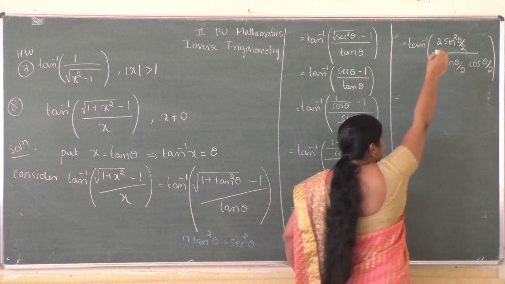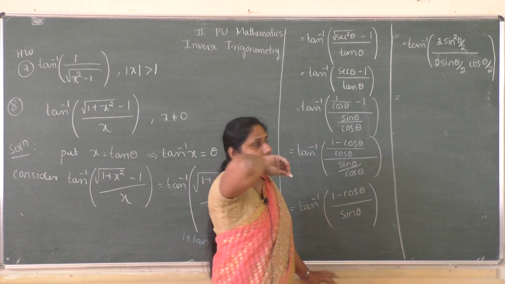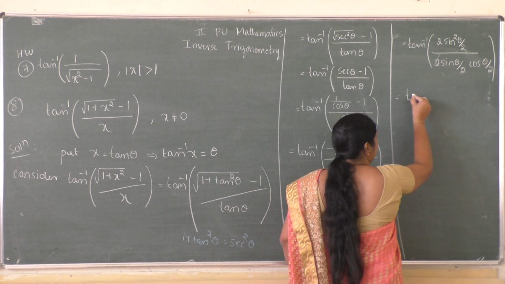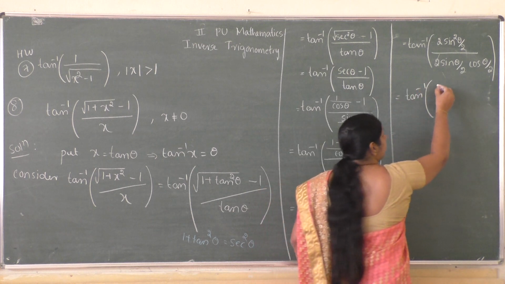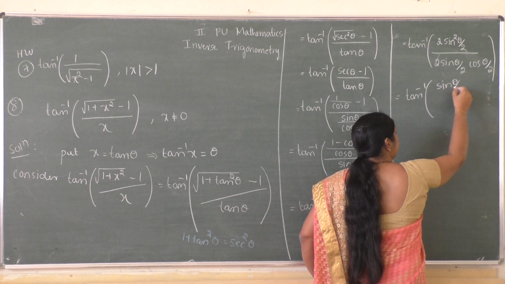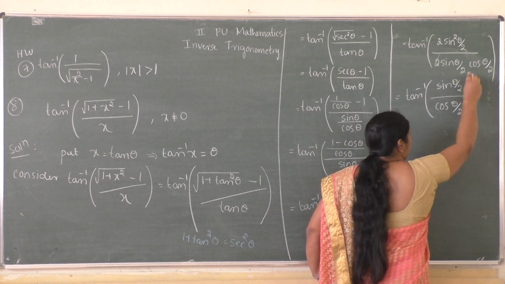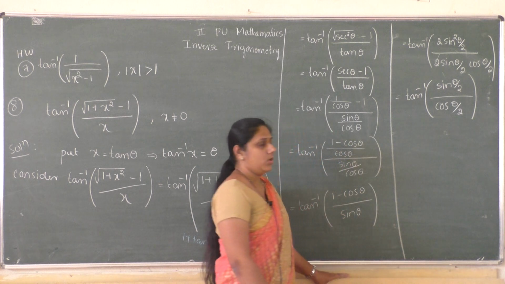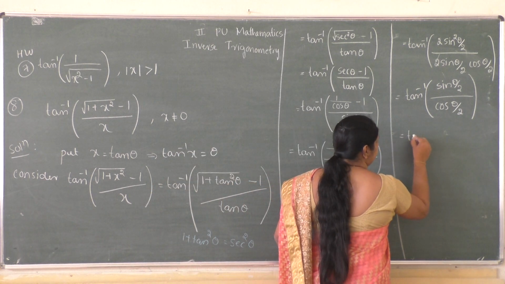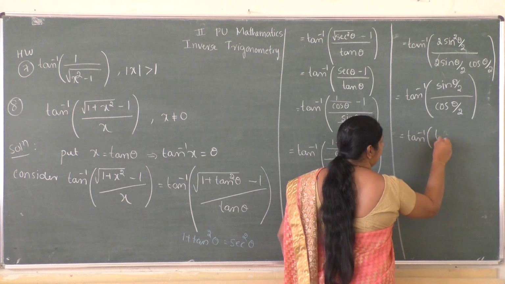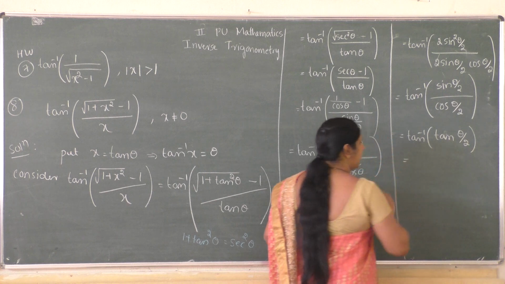So here the 2 cancels and one sin theta by 2 gets cancelled, right? What are the remaining terms? It is tan inverse of, in the numerator, sin theta by 2, and in the denominator cos theta by 2. So what is sin by cos? It is tan. So it is tan inverse of tan theta by 2.